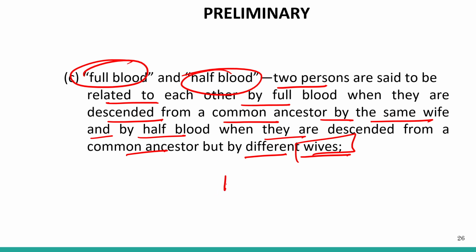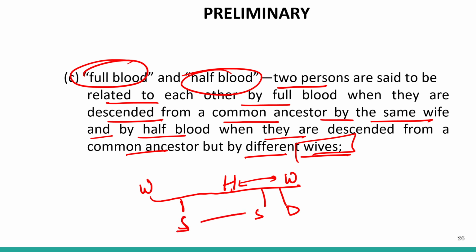So there is a person, H, and this is the wife. There is another wife. Let's make a chain here for your better understanding. From this wife, this particular husband has one son and one daughter, and with this other wife they had one son.